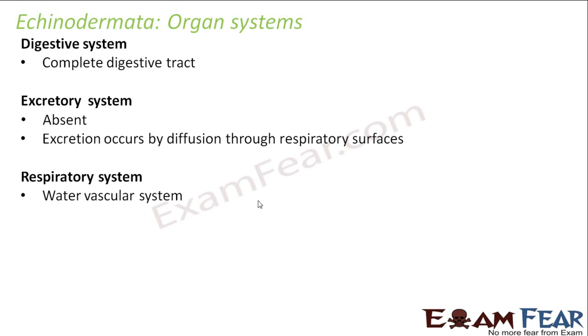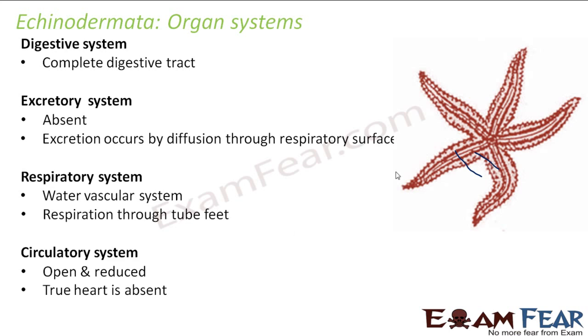Respiratory system, water vascular system. What is the water vascular system? If you look at any of the echinoderms, you will see that they have an array of radiating canals, a canal-like system. Let us suppose this is an echinoderm. They have radiating canals like this, the radial canals.